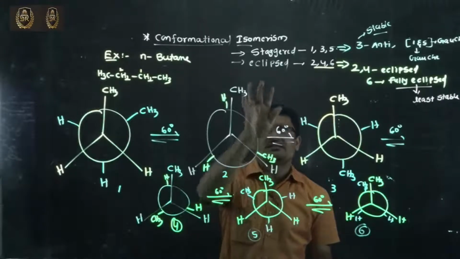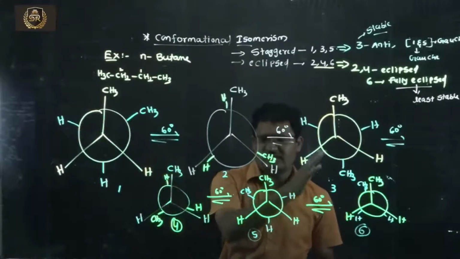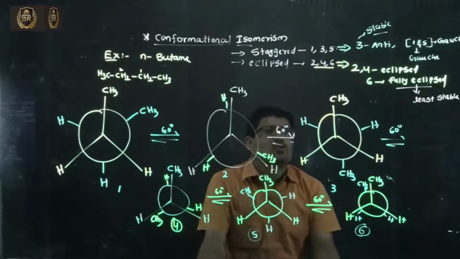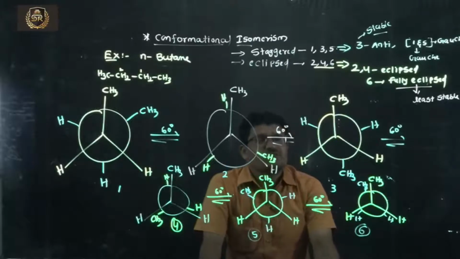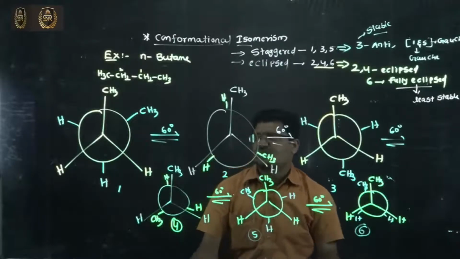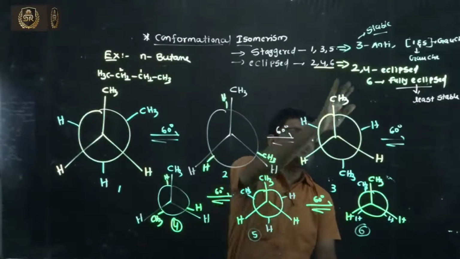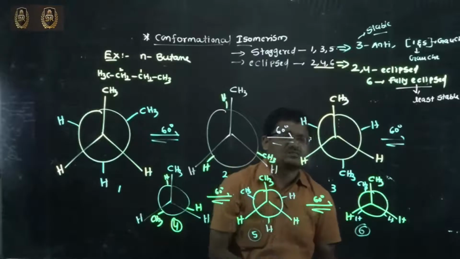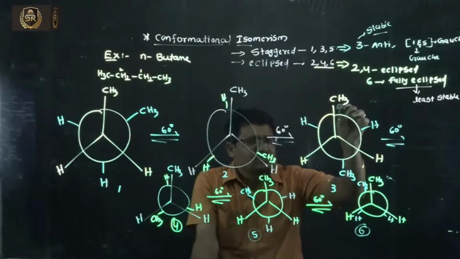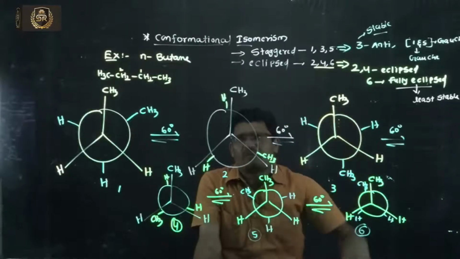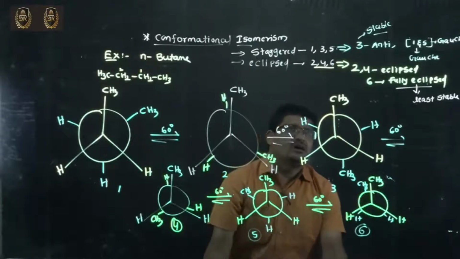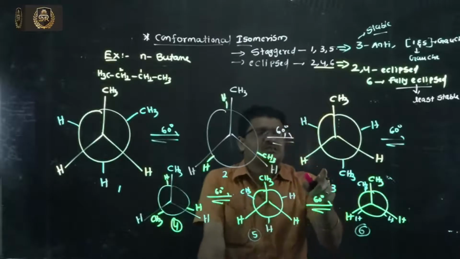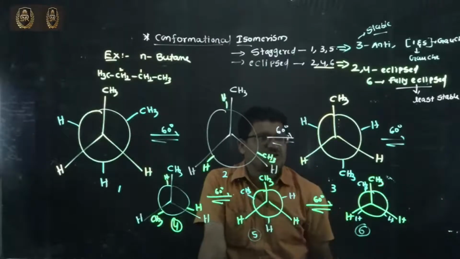So, 1, 3, 5 are called staggered conformations, and 2, 4, 6 are called eclipsed conformations. The staggered conformations are anti and gauche. The third structure is called the anti conformation, where the two CH3 groups are opposite to each other, and 1 and 5 are called gauche conformations. The anti conformation is very stable.